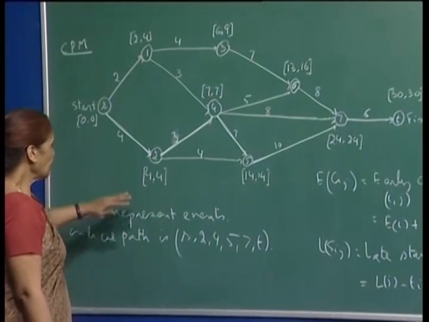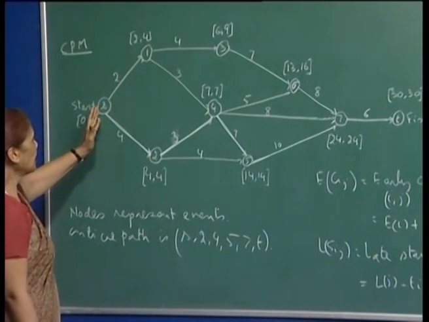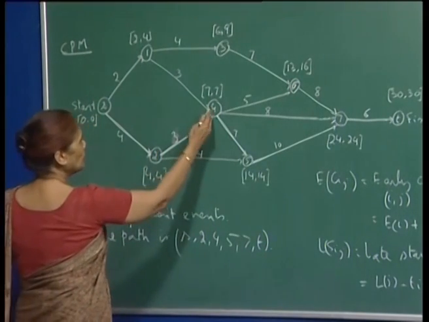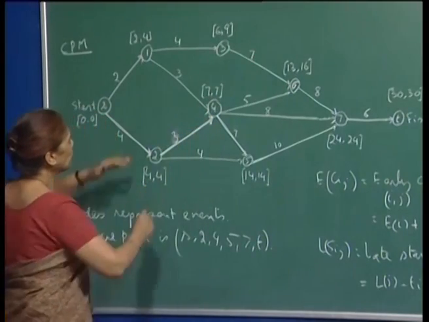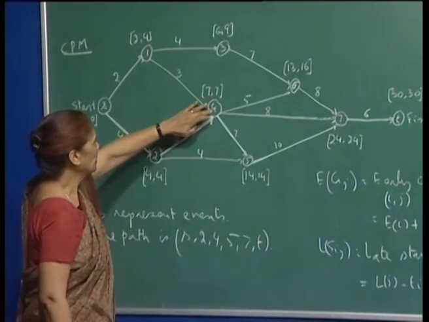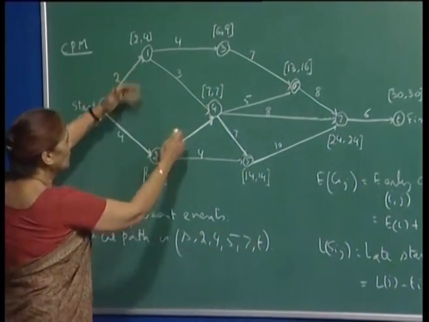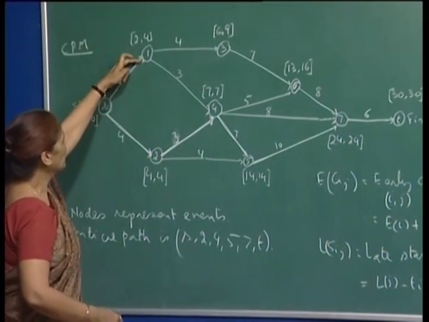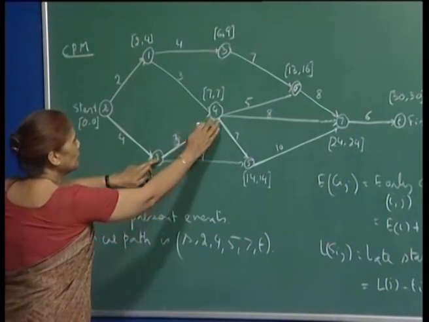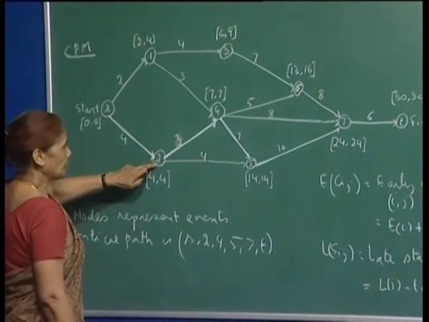Then I also said that the nodes are events. For example, if you look at node 4, it tells you that this is the completion of activities 1, 4 and 2, 4. And of course, 1, 4 cannot begin till 1, 2 (S1) is complete, and similarly 2, 4 cannot begin till S2 has been completed.